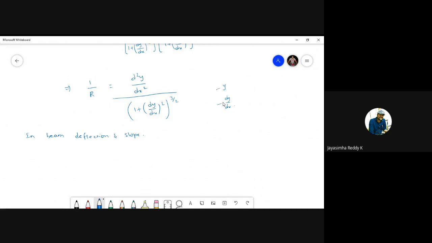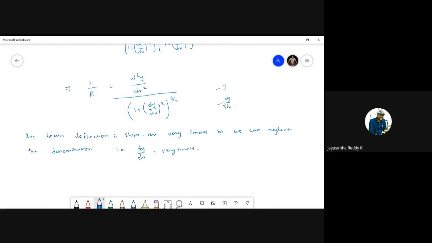Okay, so slopes are very small, so we can neglect the denominator. We can neglect the denominator. That is what I'm going to say is dy by dx is very small, very small. So we can neglect this.